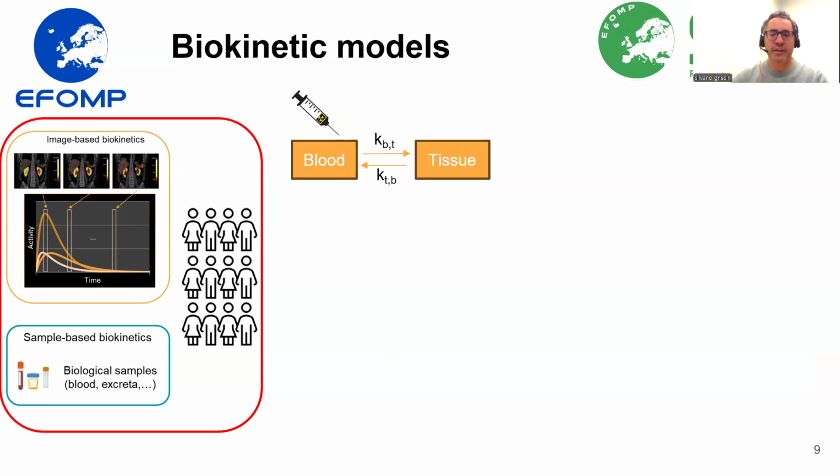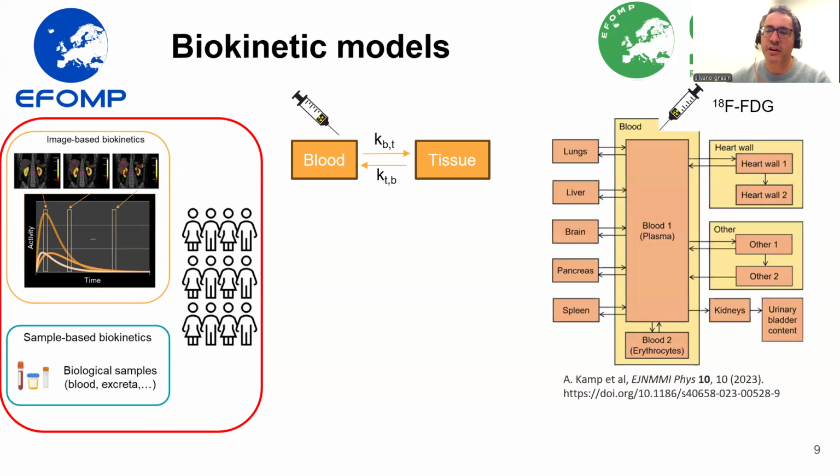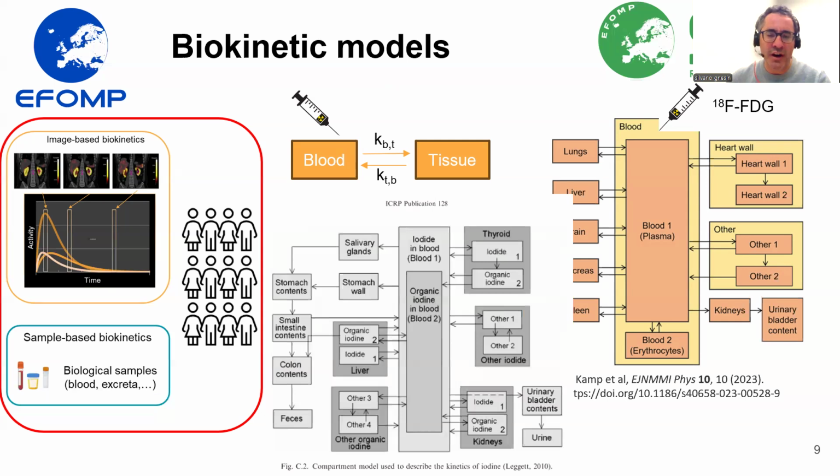The simplest representation is here with just two compartments and kinetic coefficients that link the uptake in the tissue and also the washout from the tissue. But of course, these kinetic models can be much more complex, as in this example for F18 FDG, or in this other example, which is also a reference ICRP compartment model, valid for iodine.